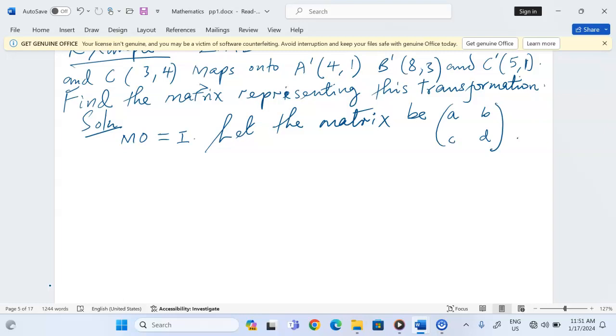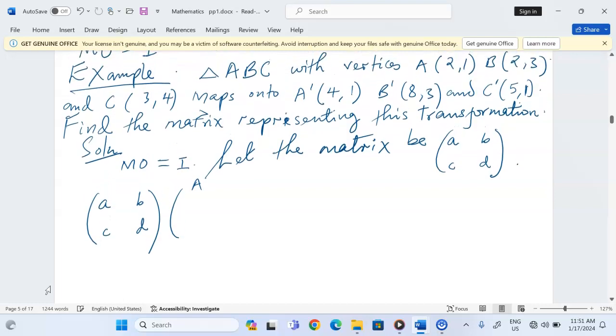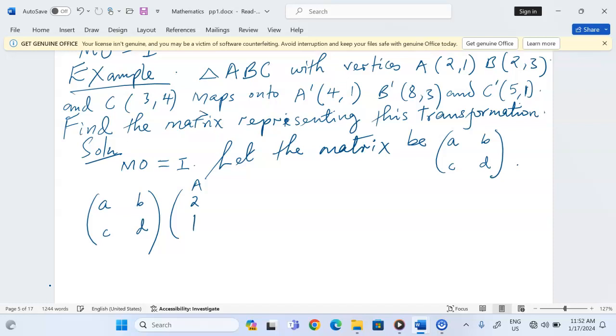So we have the matrix A, B, C, D multiplied by the columns 2 1, 2 3, 3 1, and this becomes A' which is 4 1, B' which is 8 3, and C' which is 5 1.